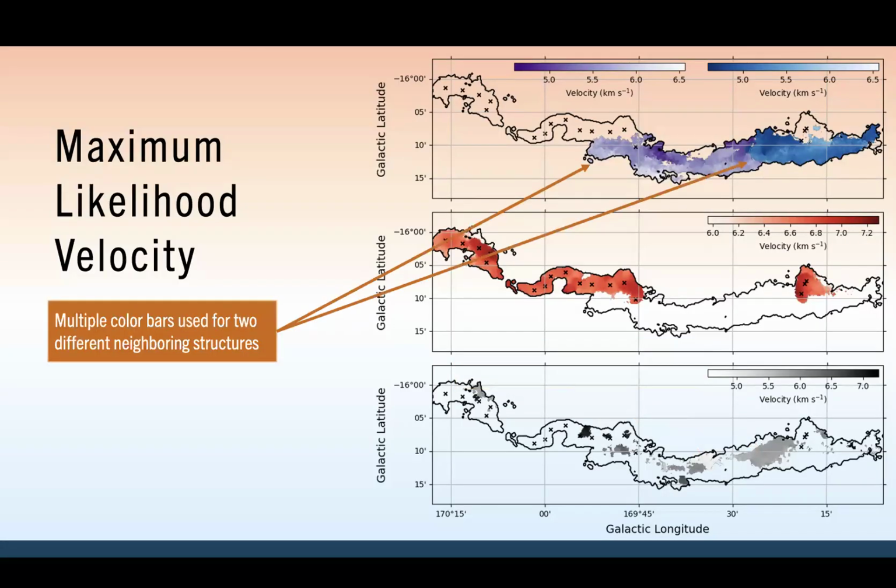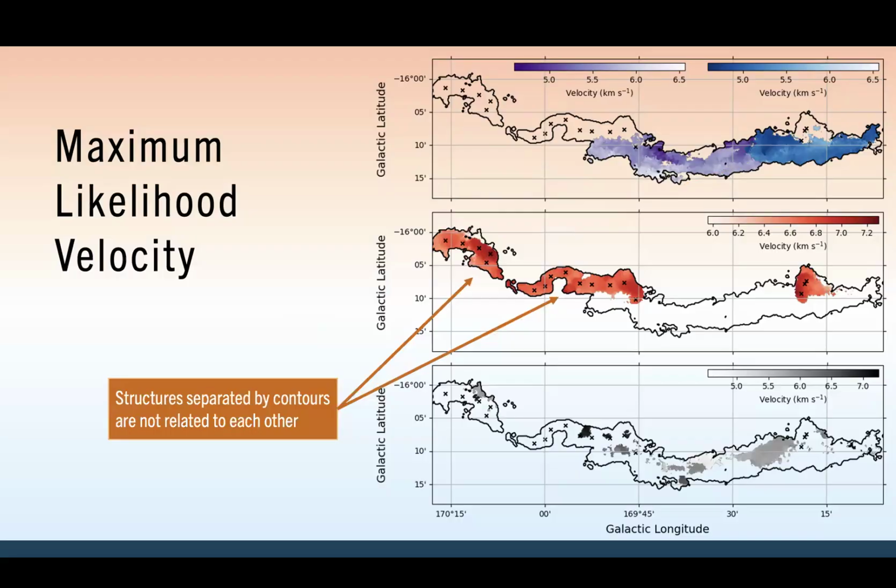Then, as I pointed out, I used these different color bars to show the differences between these two different structures that do sit right next to each other, with the main border being this kind of squiggly line right around here.